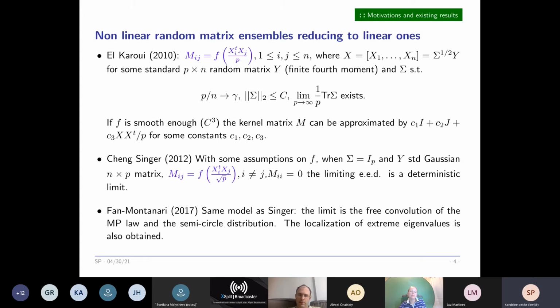Okay, so in particular, the asymptotic empirical eigenvalue distributions of the two ensembles coincide.